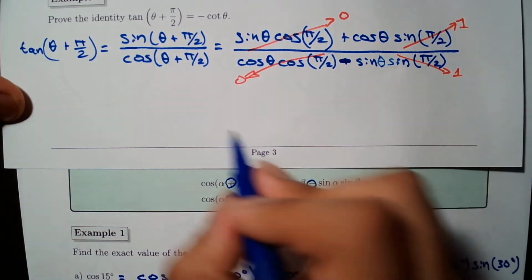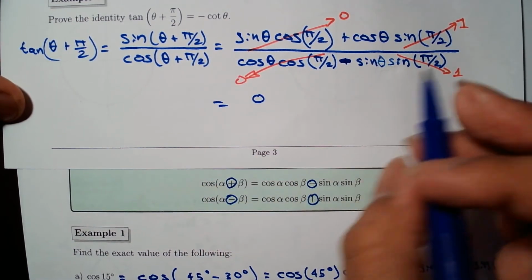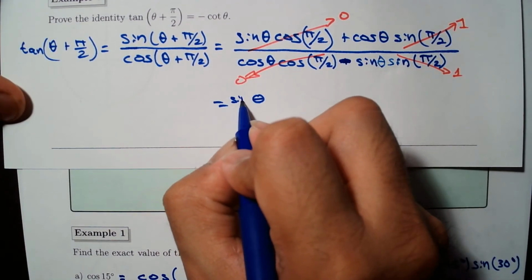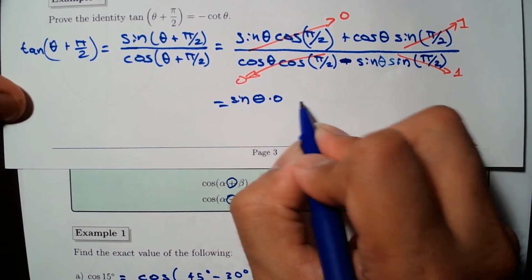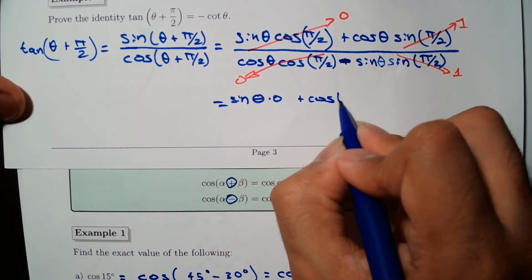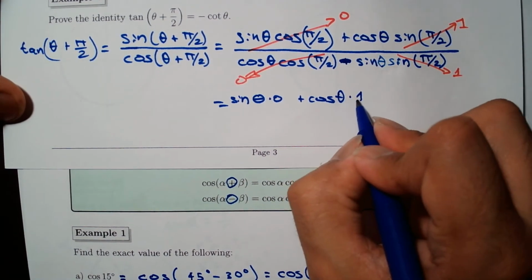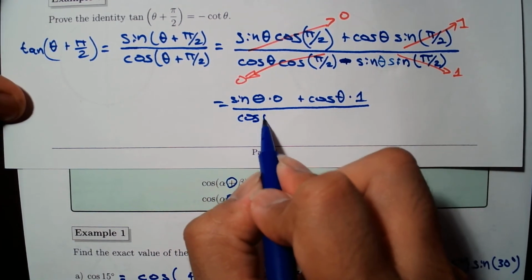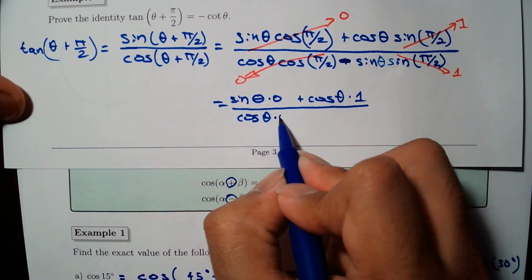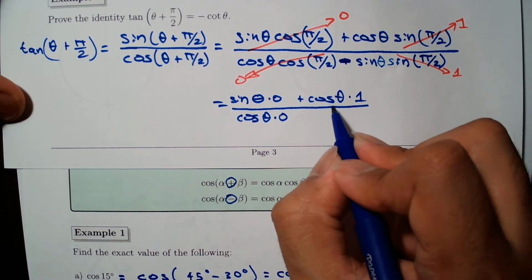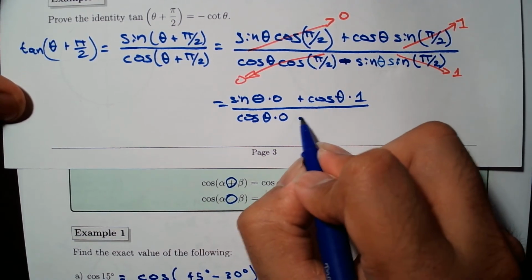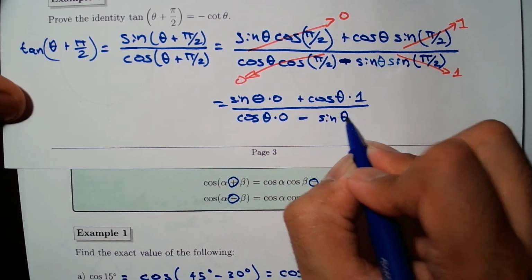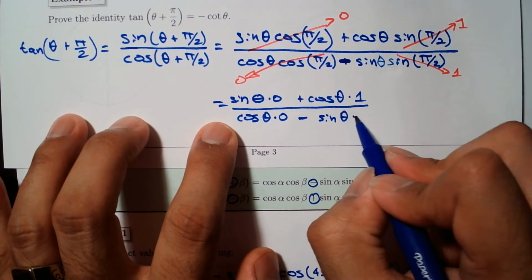Same thing here. So we're going to have sine theta times 0 plus cosine theta times 1, over cosine theta times 0 minus sine theta times 1.